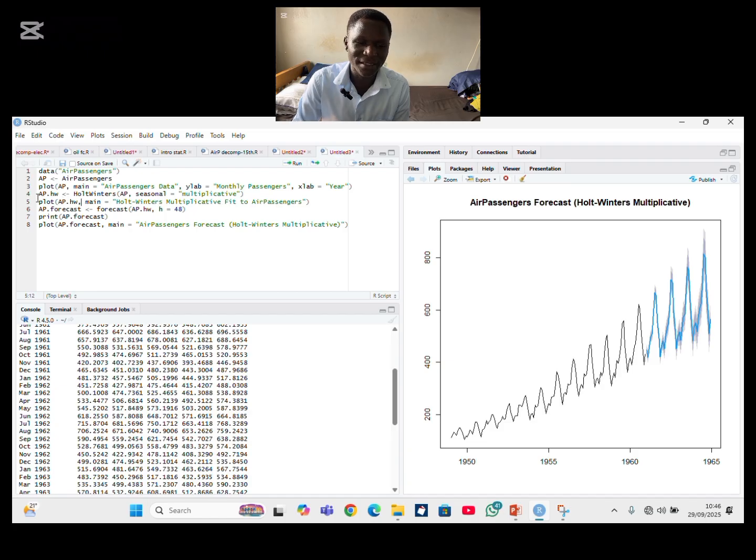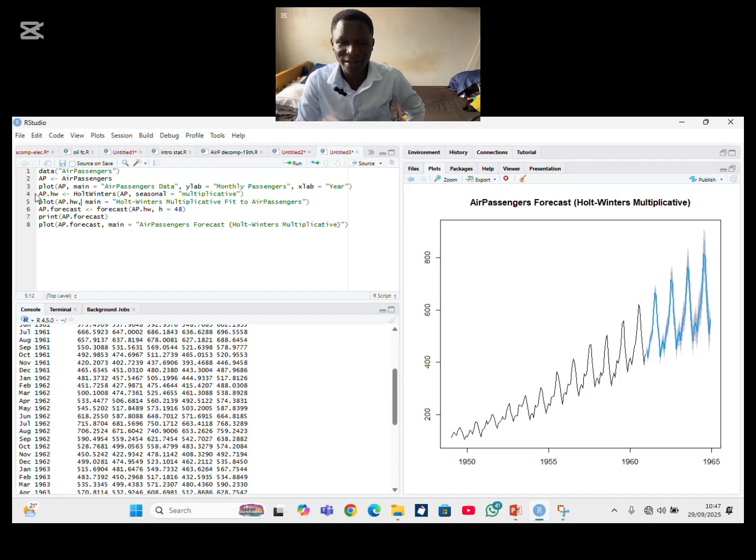And the fourth line is the one that is modeling Holt-Winters, and you have to specify that it's multiplicative. If it needed the additive, you had to specify that it is additive. Realize the importance of the decomposition we have studied.